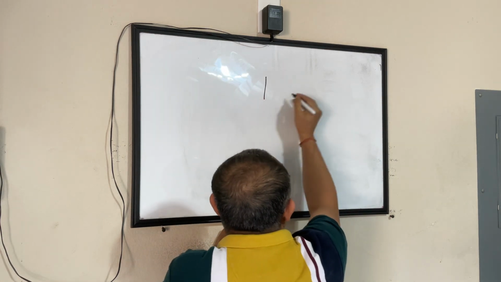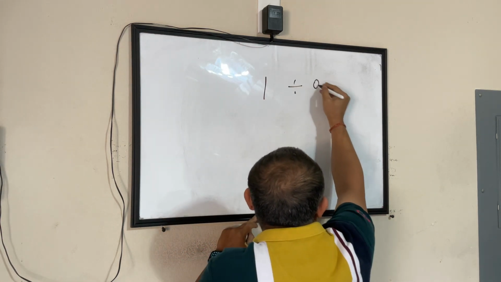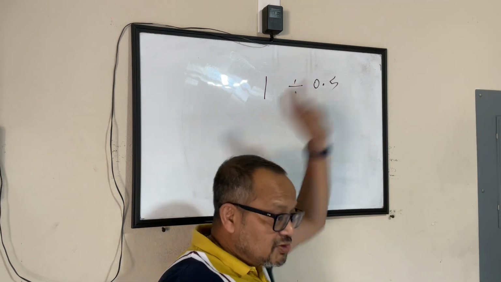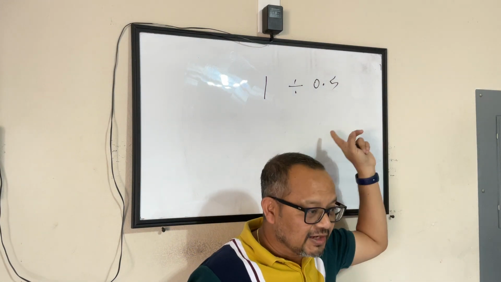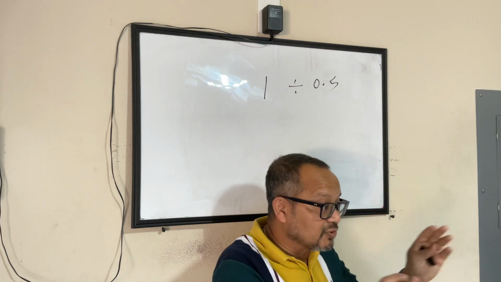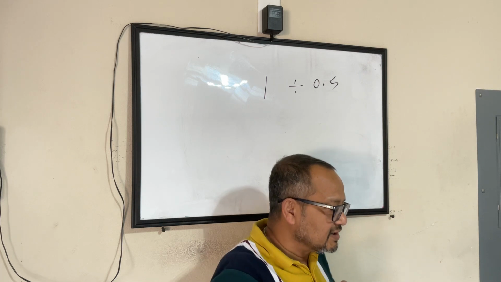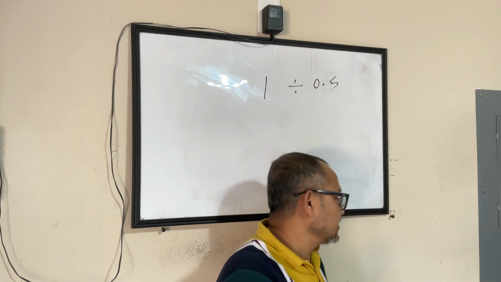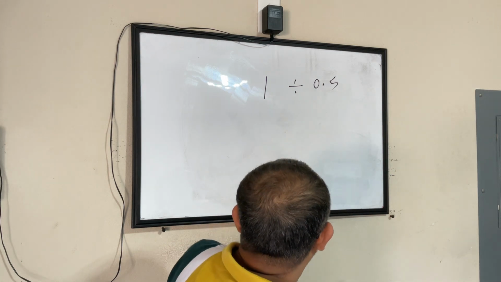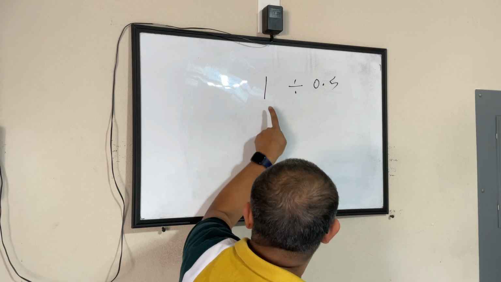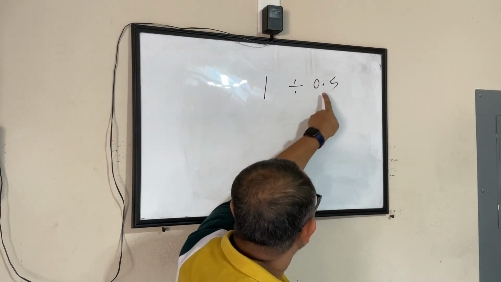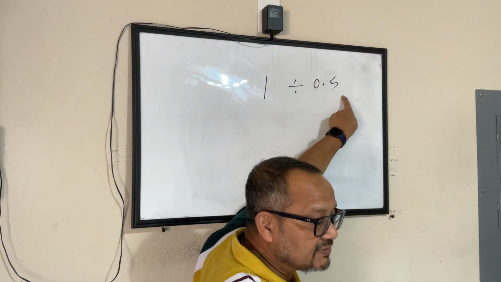Okay. Everybody here. If I say divide 1 by 0.5, everybody will jump and say 2, right? We'll do it mathematically, with the same approach that I was telling you guys. What did I say? That I will look at both the numbers. This one has no decimal. This has a decimal and 1 digit after the decimal.